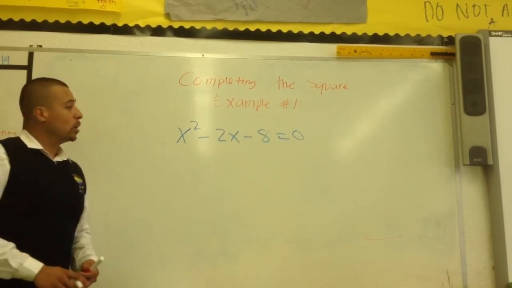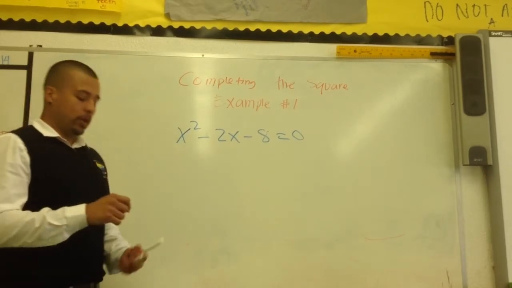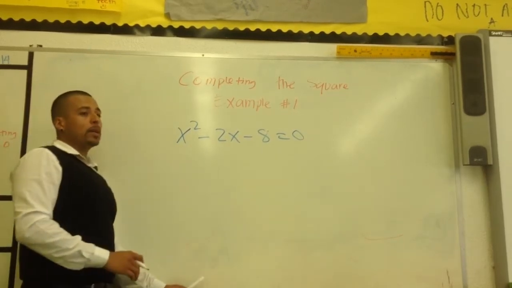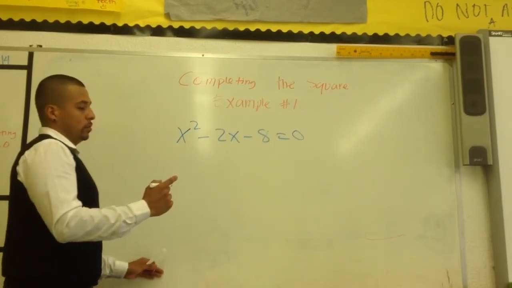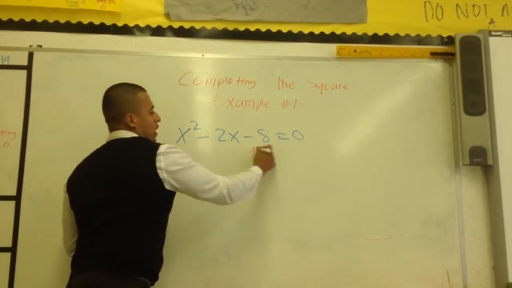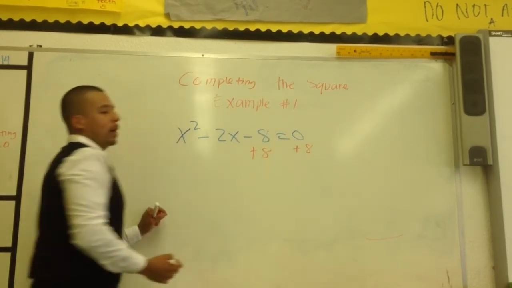Okay? So we just reviewed the whole idea of completing the square. We are going to take it a step further today by reminding you that the first thing you have to do is move the 8 to the other side by adding 8. Why are you moving the 8?